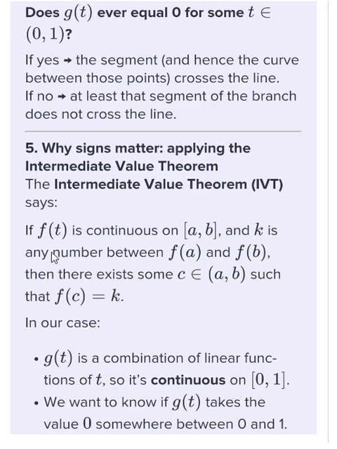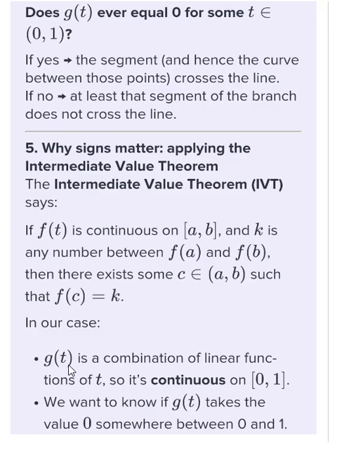What is the intermediate value theorem? We can say that f of t is continuous in a closed interval [a, b], and f of a is less than f of b. There exists some c such that f of c is equal to k, where k is a number between f of a and f of b.